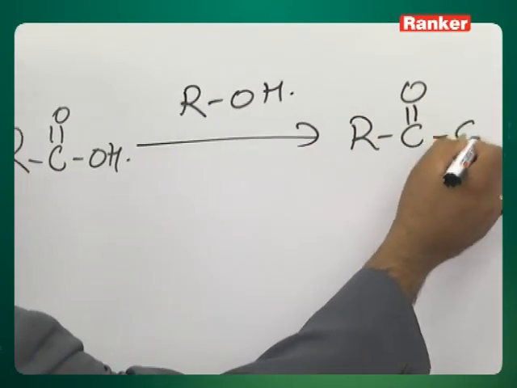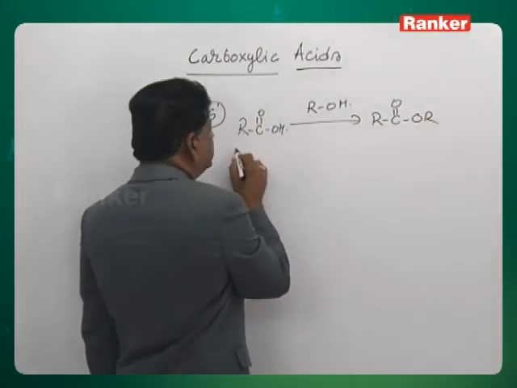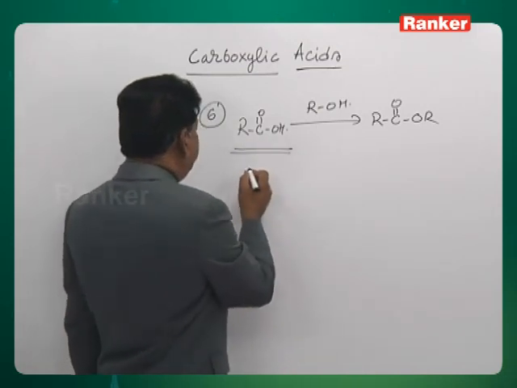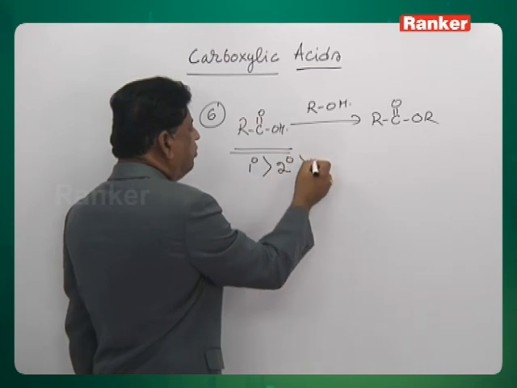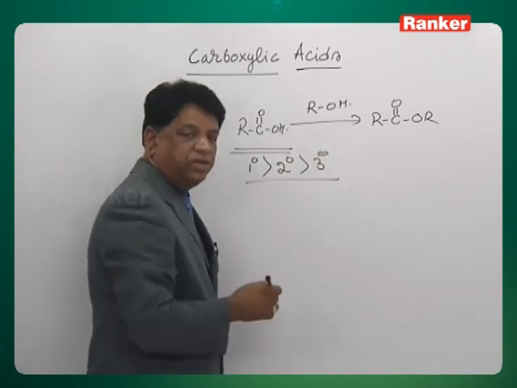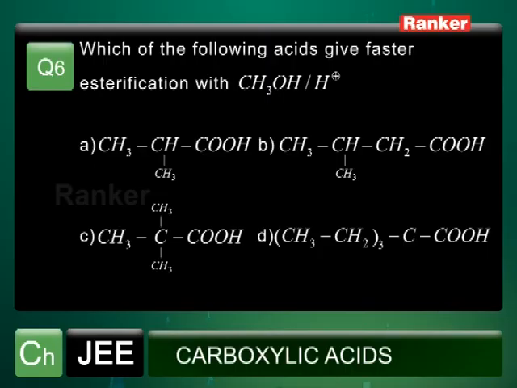In ester formation, if the alcohol is 1 degree, it reacts better over 2 degree, and over 3 degree. So, therefore, in the given acids, the first one is a secondary carboxylic acid, option B is a primary carboxylic acid, options C and D are tertiary carboxylic acids. So, therefore, option B will be the right answer.